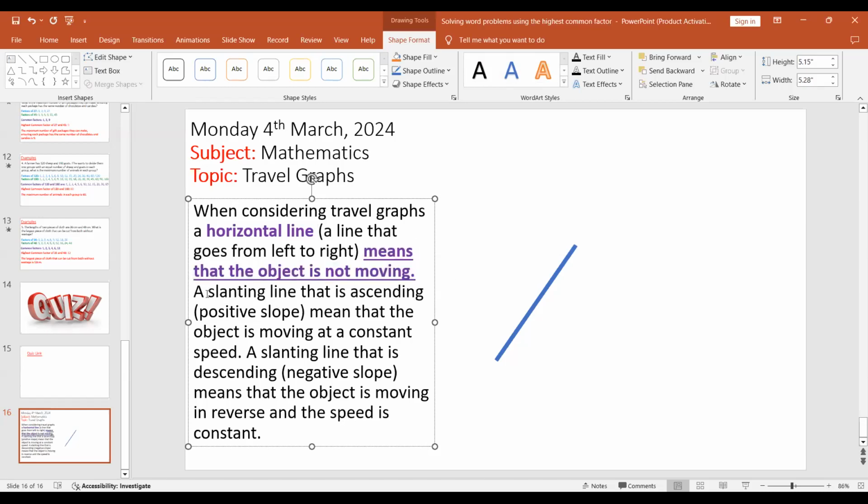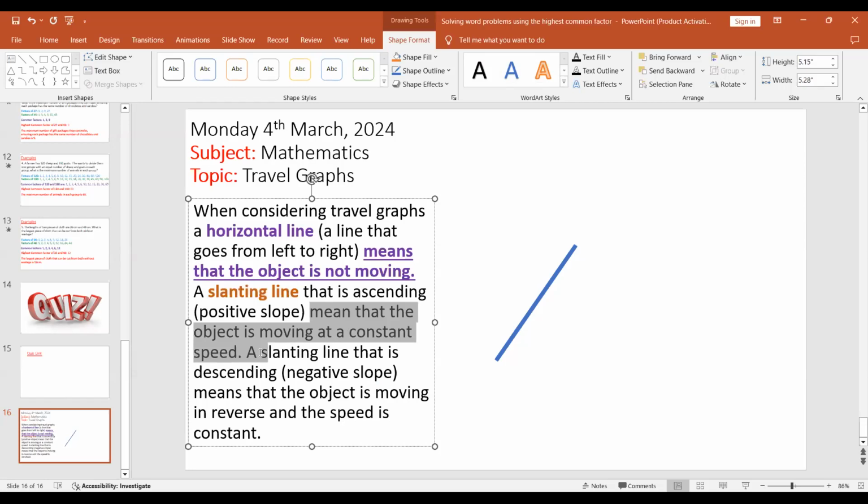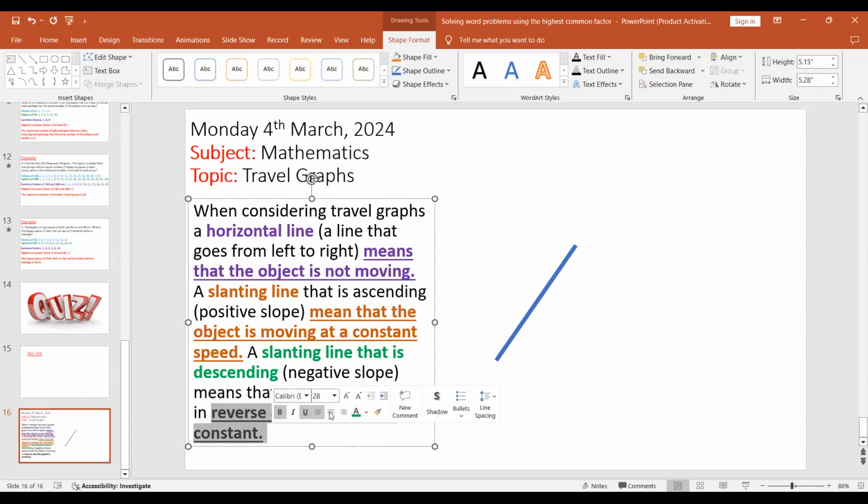A slanting line, let me highlight this one as well in this color, means that the object is moving at a constant speed. A slanting line that is descending means that the object is moving at constant speed, but in reverse.